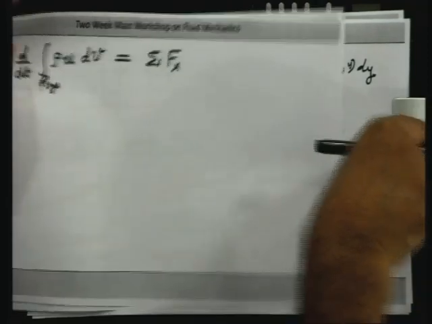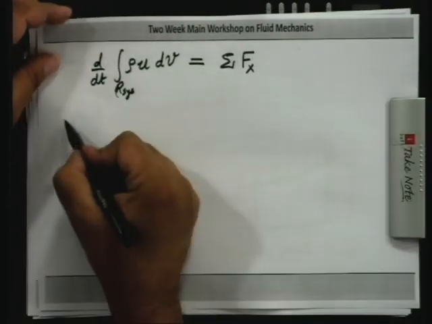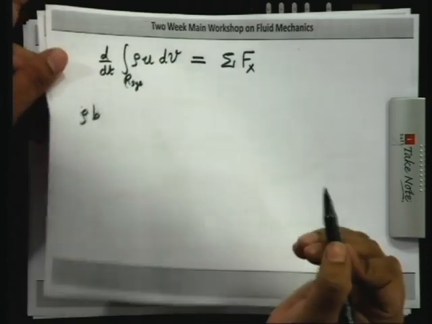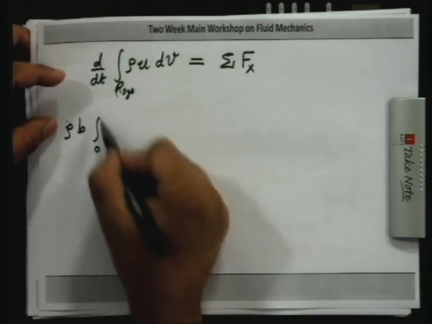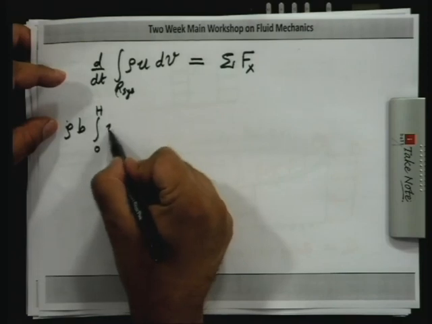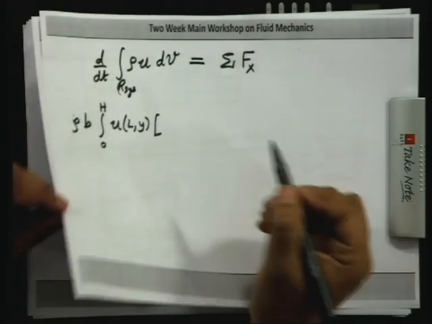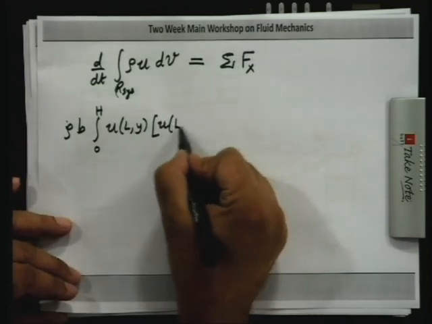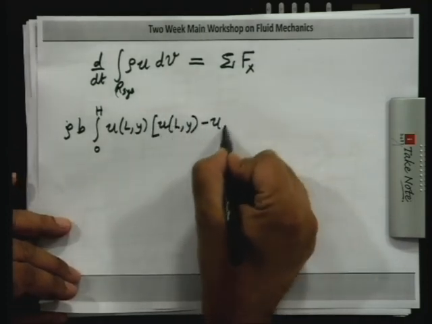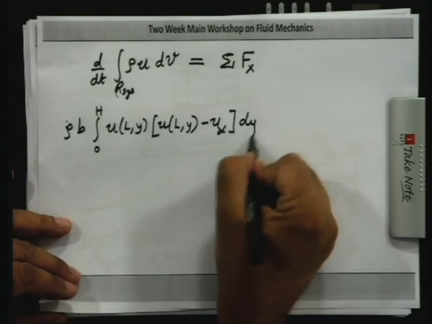So, you are going to have rho times b, integral 0 to h, u(y) into (u(y) minus u infinity) dy.